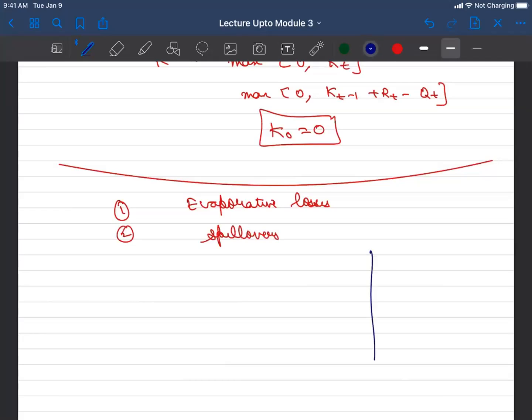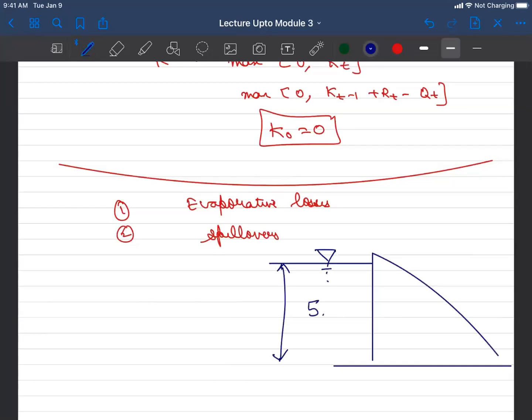Let us say that we have this dam. So we have some water here, right? The capacity for which you have designed this dam is 5 units. That's all it can hold. Okay.